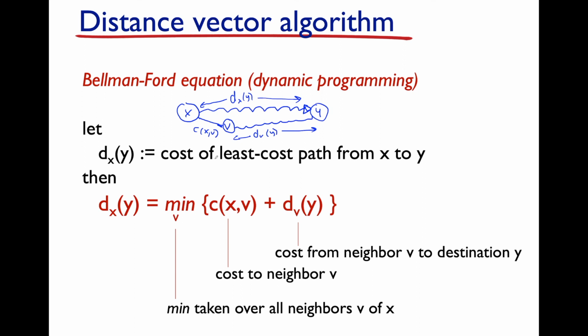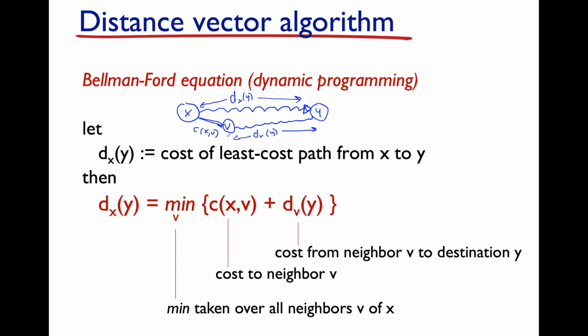The cost to get from x directly to y, for whatever path it's going to take, that I currently have. So the question I'm asking with the Bellman-Ford is, is it cheaper to use the old path that has a cost d_x(y) to get from x to y, or is it cheaper to go indirectly through one of my neighbors to get to y? And so the cost of my old path is d_x(y).